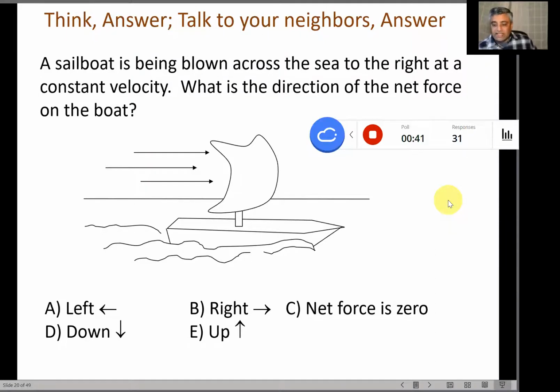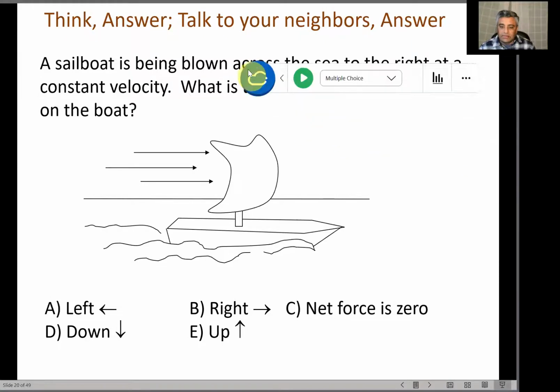Okay, 20 more seconds. And 5 more seconds. 5, 4, 3, 2, 1, and it stops. Let's see what we got here.